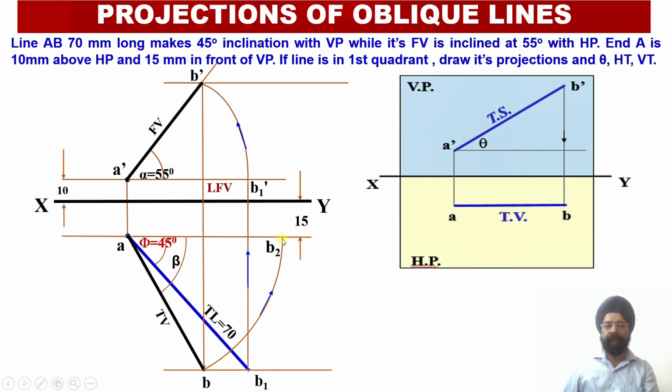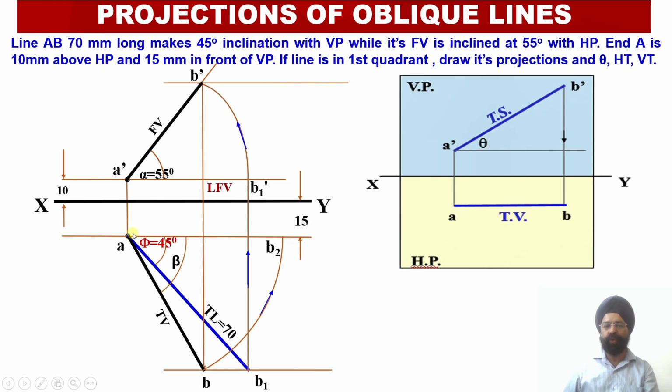Now, having obtained this point B2, I know that whenever the length of the top view projection is made parallel to the vertical plane, the projection obtained onto the vertical plane, that is in the front view, will give the true length of the line. So I will be able to obtain the true length of the line in the front view projection.